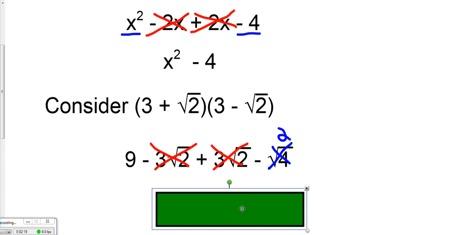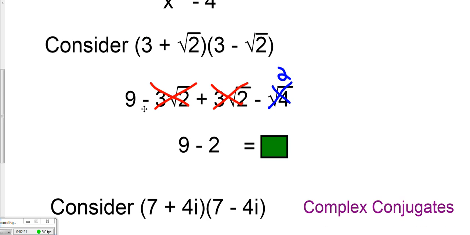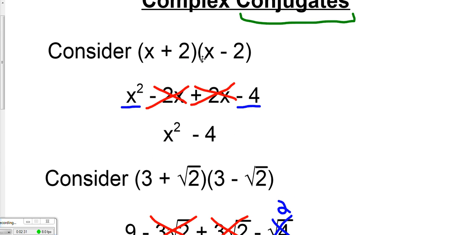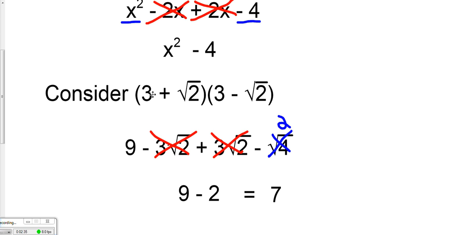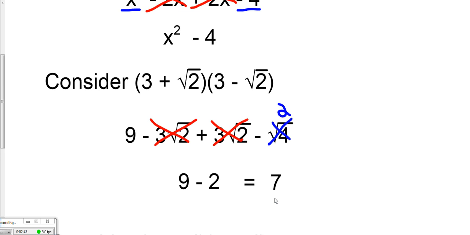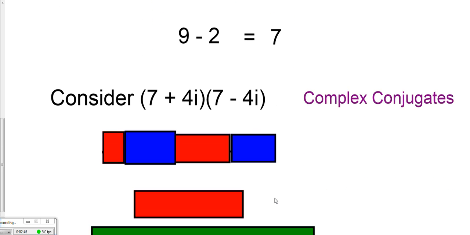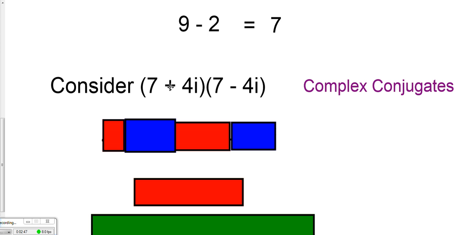So then, as we come down, this just becomes 9 minus 2, which is simply 7. Okay, so just like we did up here, we were able to eliminate a couple different terms to get it down to just one constant, this positive 7.